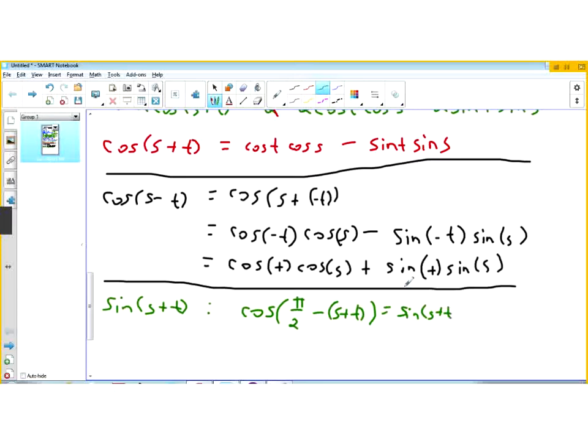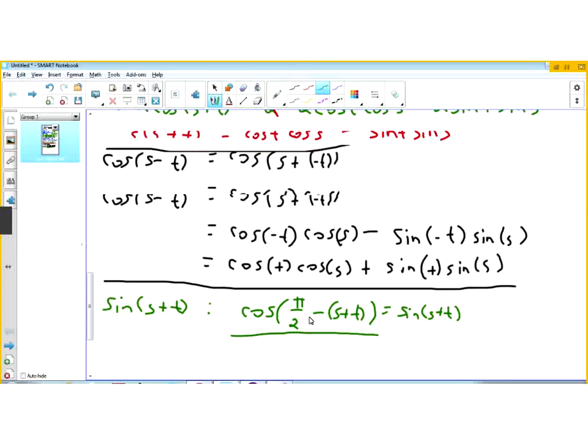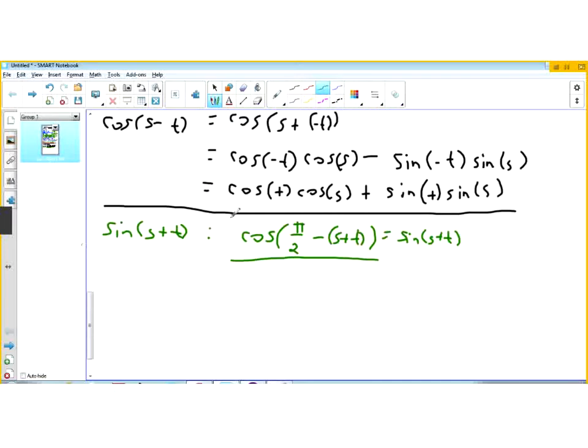Okay, so that was from lecture 4.1. This is the cofunction identity. So here's the utility of the cofunction identities: we don't have to make some complicated geometric construction. All we have to do is just calculate this.